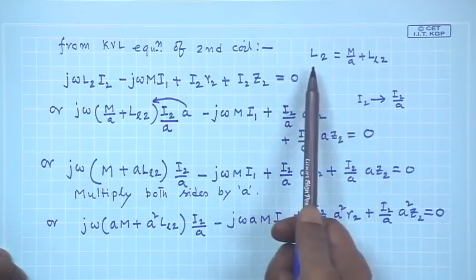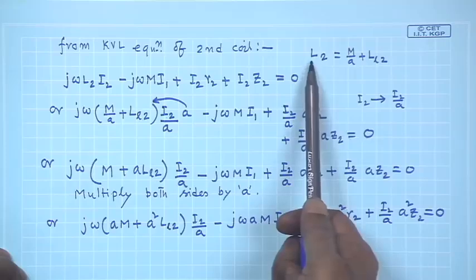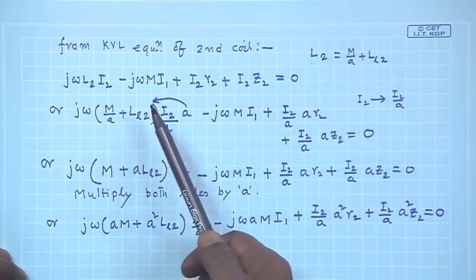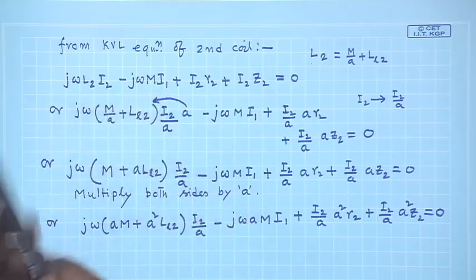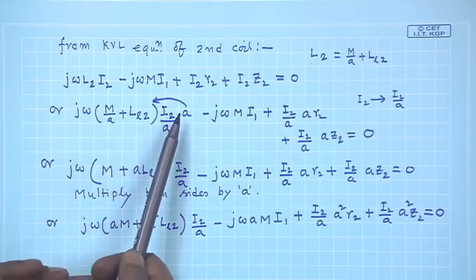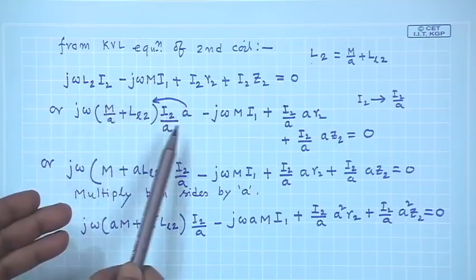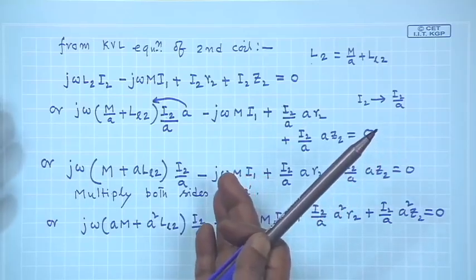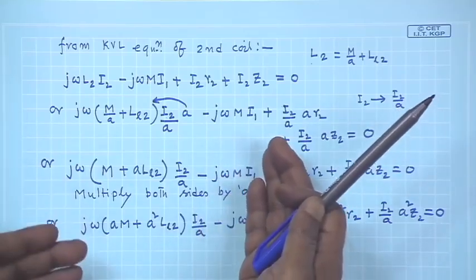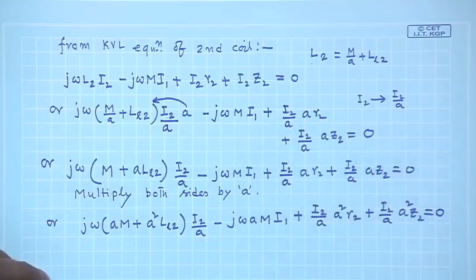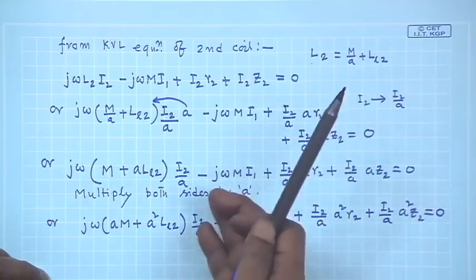So that is the reason I have replaced L 2 and expressed it in terms of mutual inductance and leakage inductance. And wherever I 2 is there, I divide by a and multiply by a so that I 2 is retained. Minus j omega M I 1, I do not disturb, and then plus I 2 by a into a R 2 plus I 2 by a into a Z 2 is equal to 0.